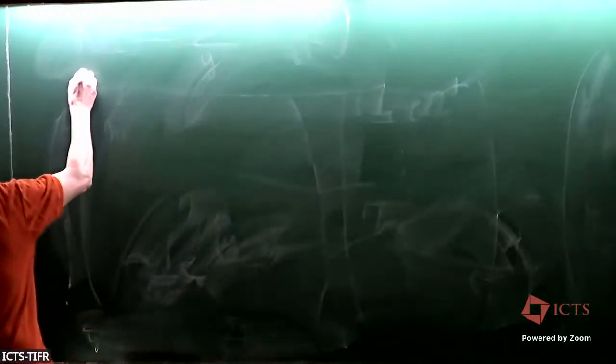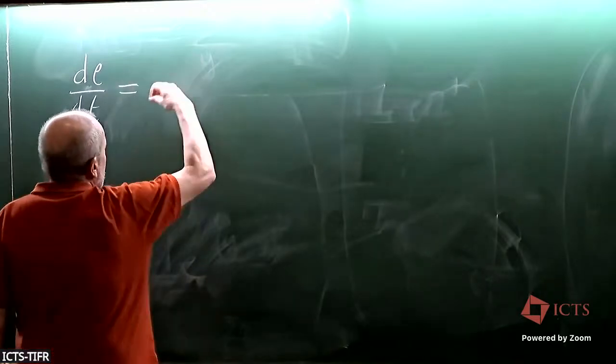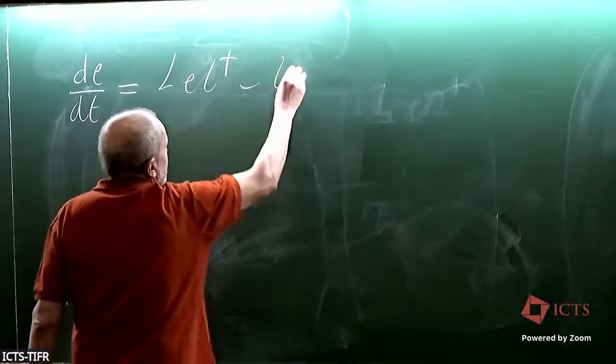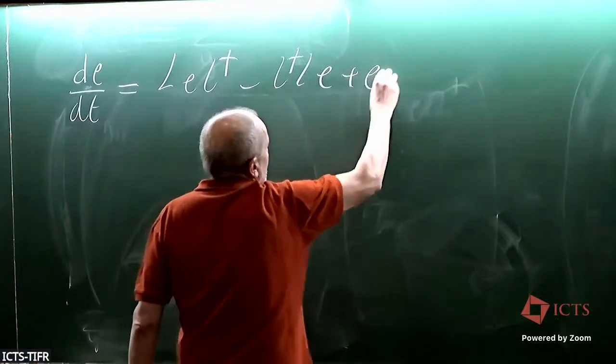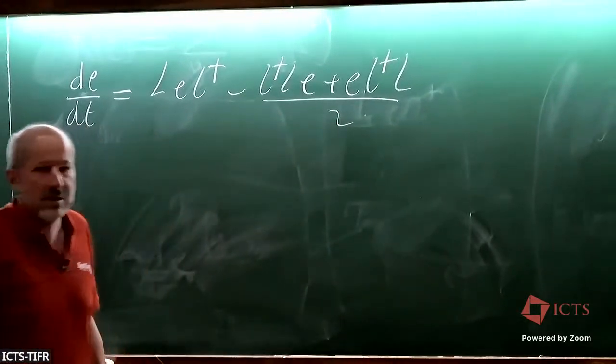Let's use d rho over dt, first thing. Just one term: L rho L dag minus L dag L rho plus rho L dag L, over 2. You want to integrate this differential equation.